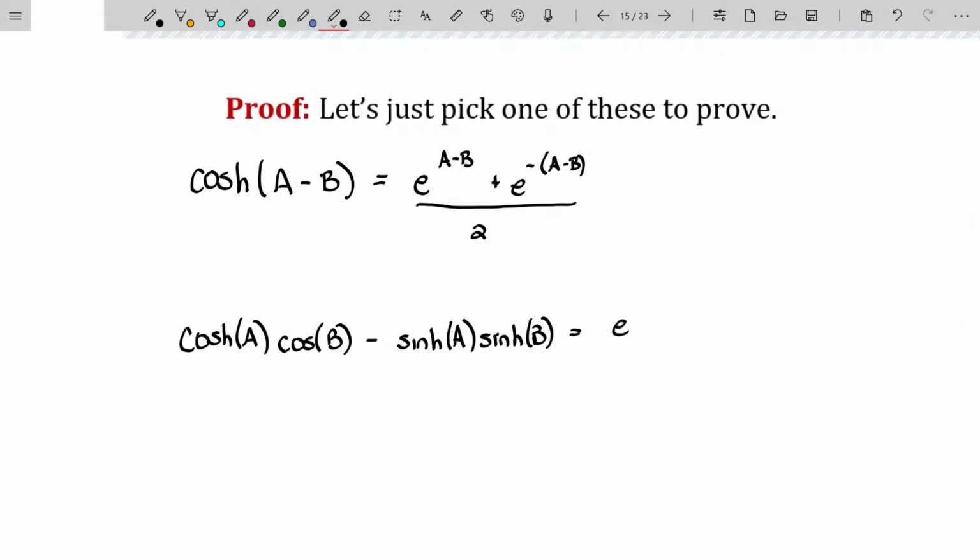So that'd be e to the A plus e to the negative A over 2 times e to the B plus e to the negative B, again over 2.